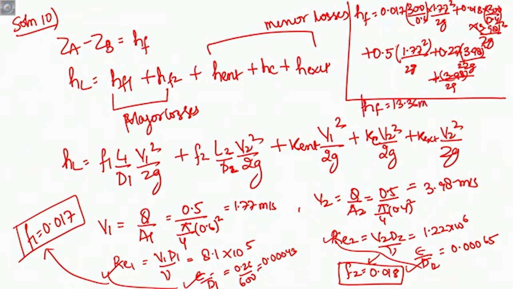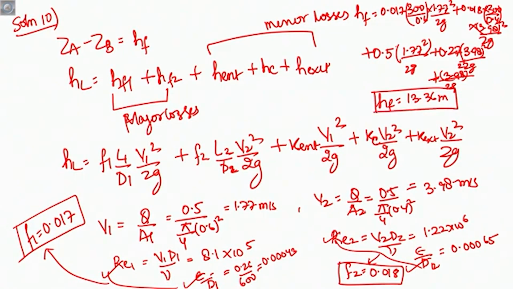13.36 meter. So the final solution, the head loss is going to be 13.36 meter, and therefore ZA minus ZB is going to be 80 minus 13.36.